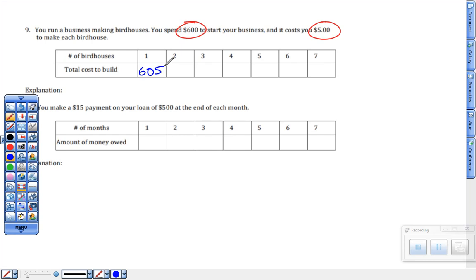My next one will take that $605, add one more 5 to it, $610. The $600 I originally spent plus $5 for each birdhouse, that extra $10, and then keep going up. You could see I'm going up by 5s.